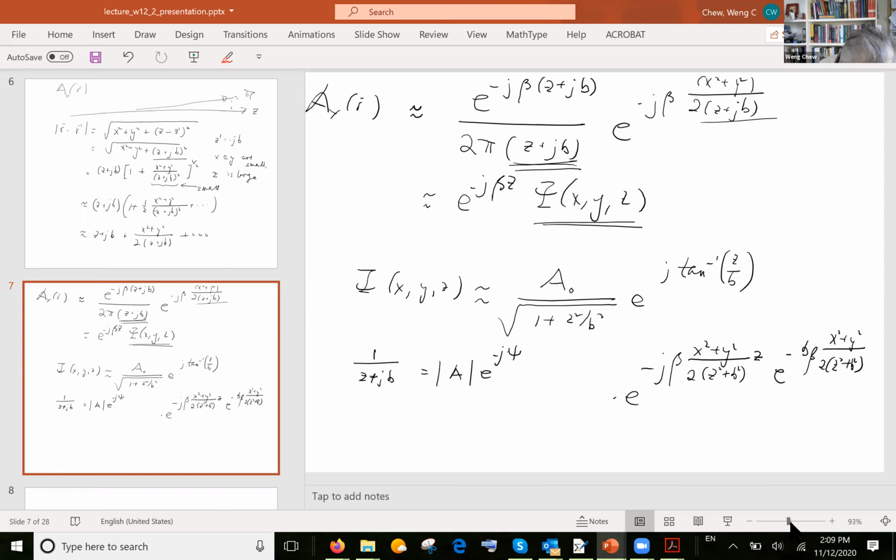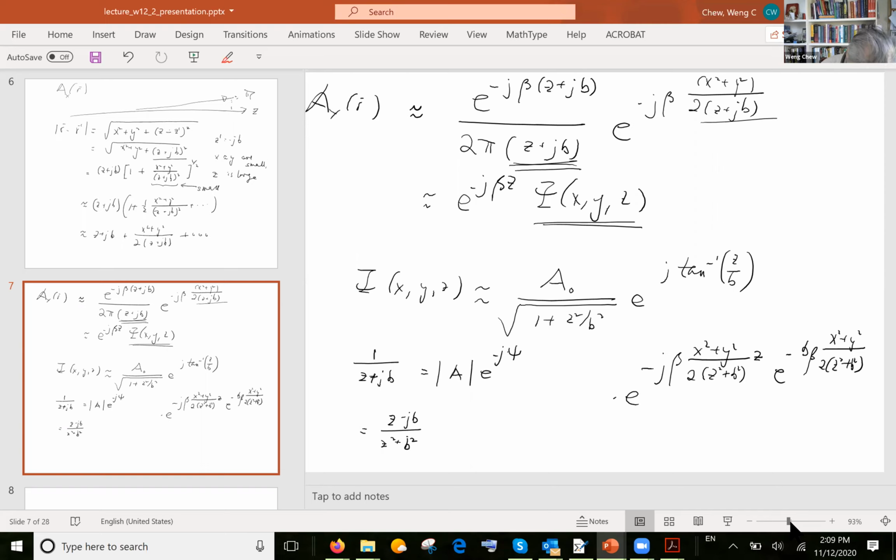And then you can write this as 1 over z squared plus b squared times (z minus jb). You can write this as that by just completing the squares and doing something clever to the numerator and denominator. And if you do that, then this can be written as a magnitude square.